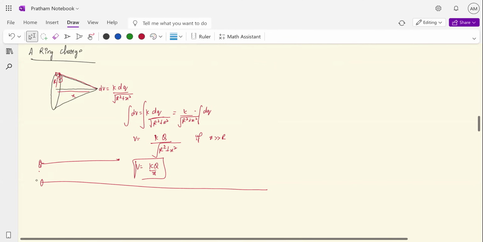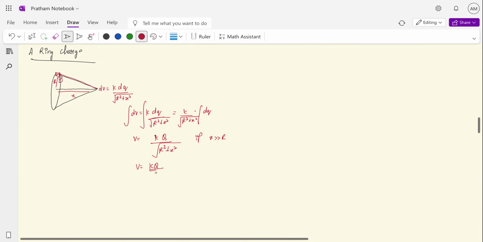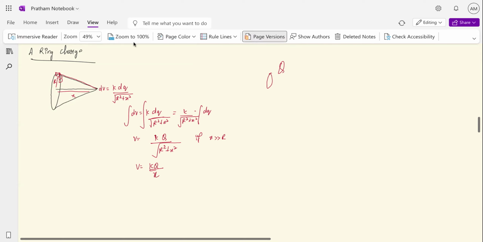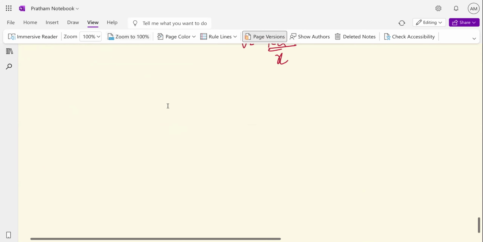So this will seem like a normal charge itself. If the ring is very small, you can treat that as a single point charge.